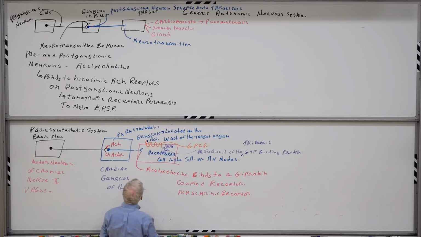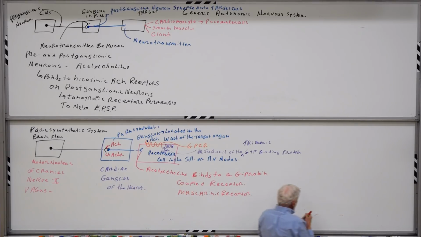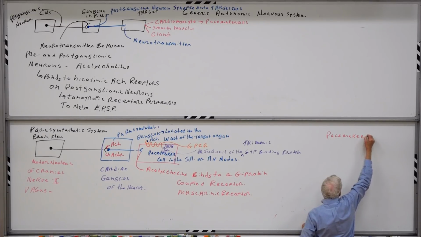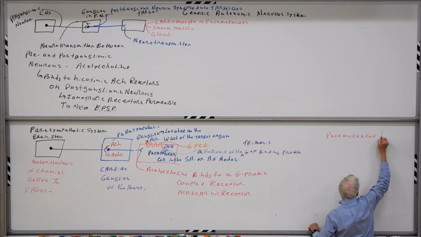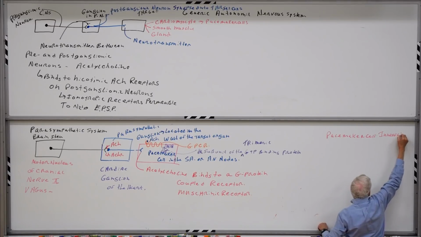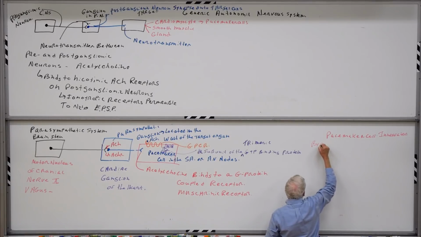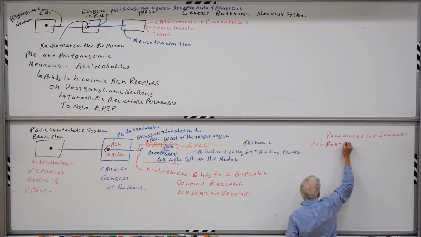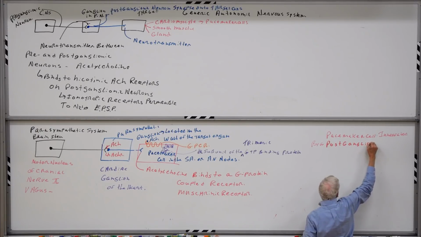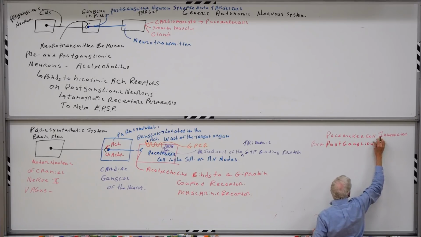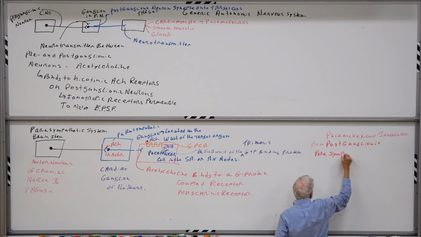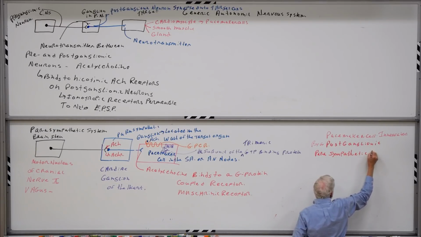Let's make this a bigger cell. So this is going to be a pacemaker cell innervated by a postganglionic parasympathetic neuron.